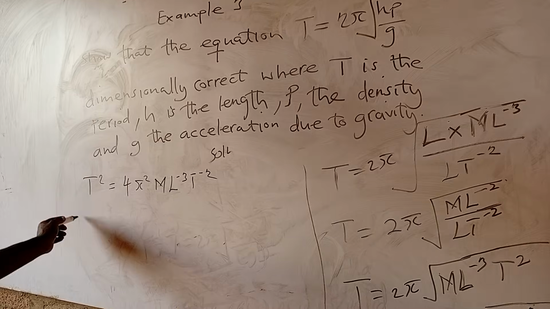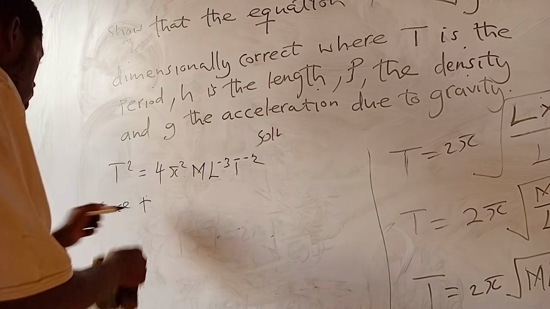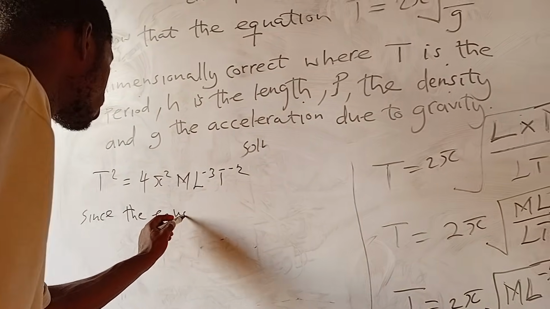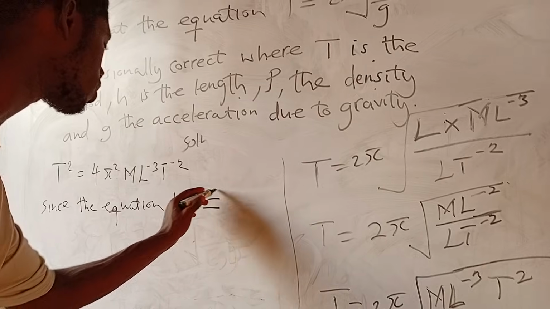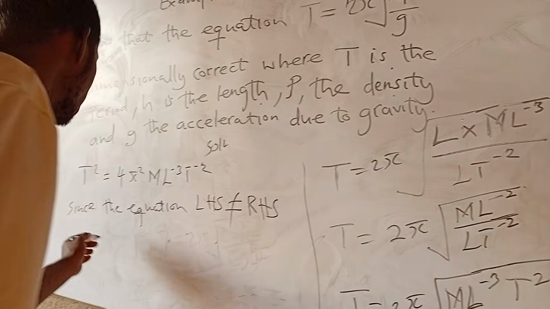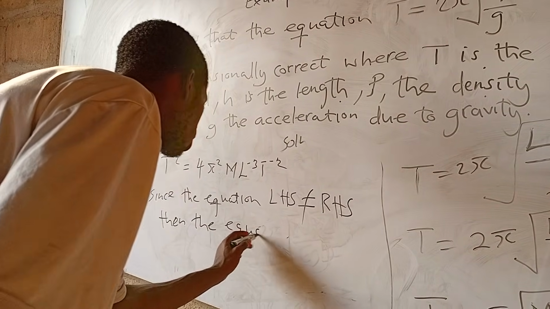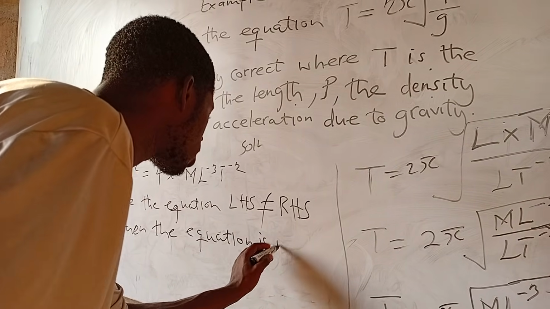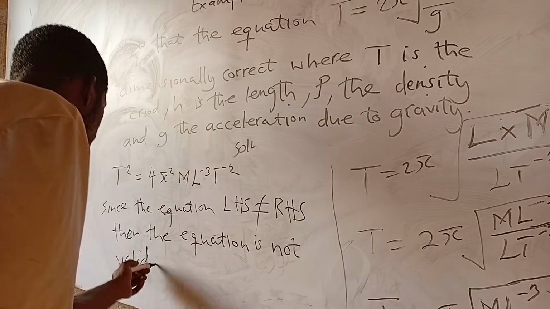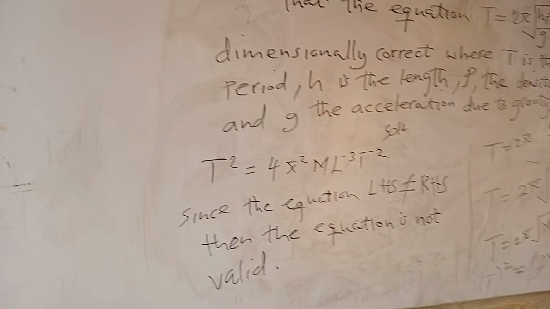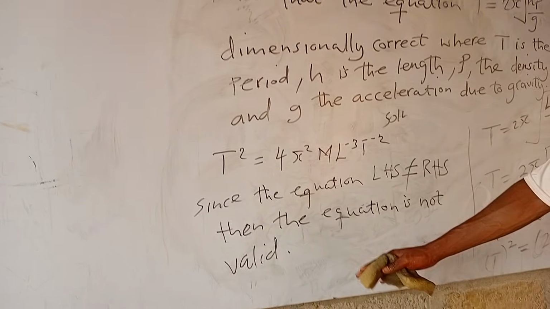So now you conclude: since the equation at the left hand side is not the same as the equation at the right hand side, the equation is not valid.